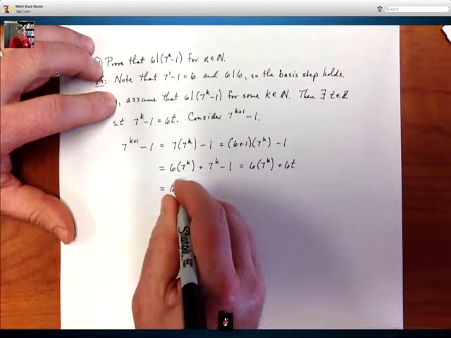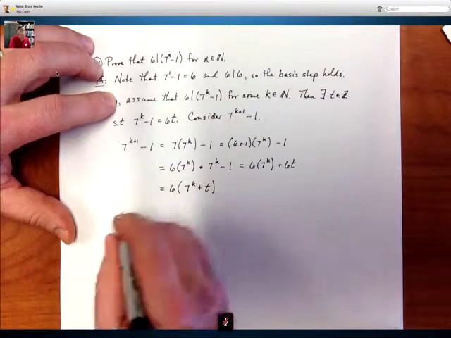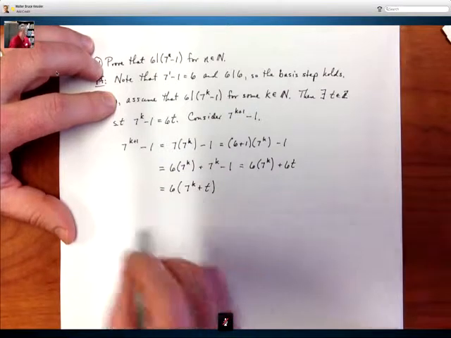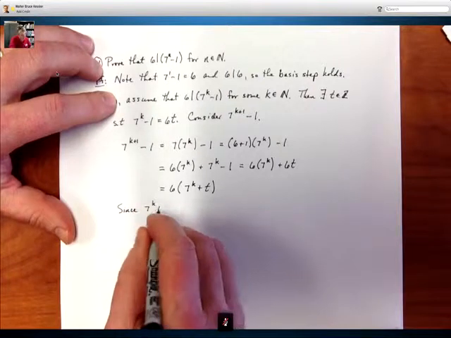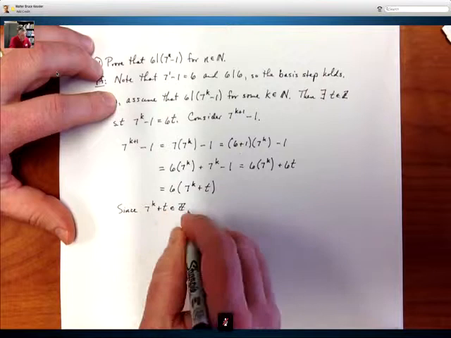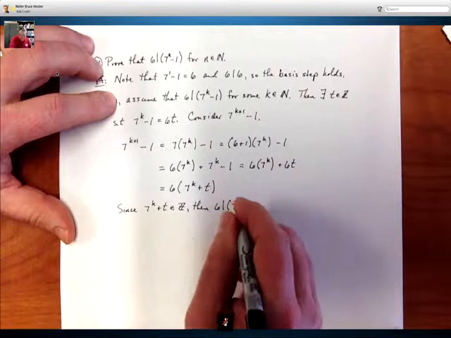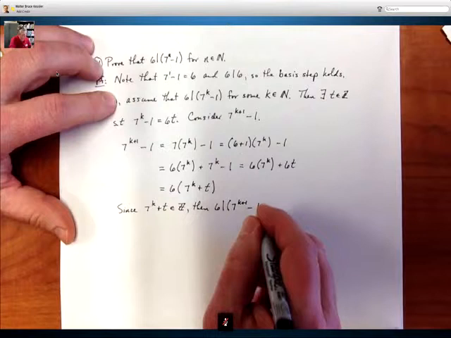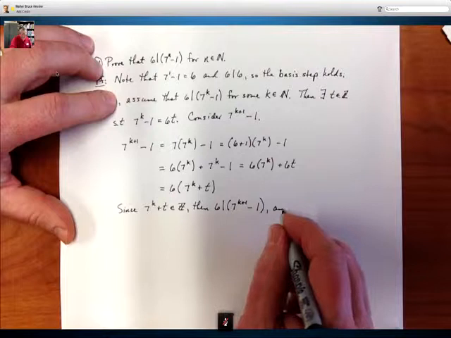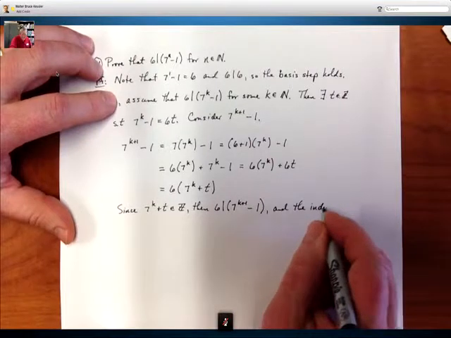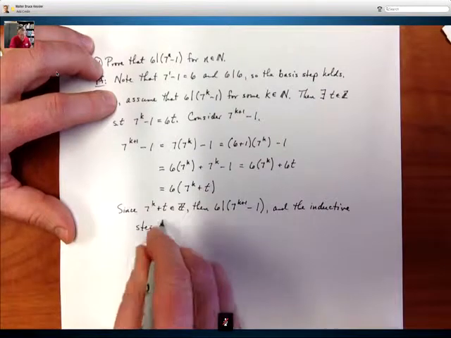And as one last step, I might want to factor that 6 out. And that's it. So since 7 to the k plus t is an integer, then 6 divides 7 to the k plus 1 quantity minus 1 quantity. And the inductive step holds.